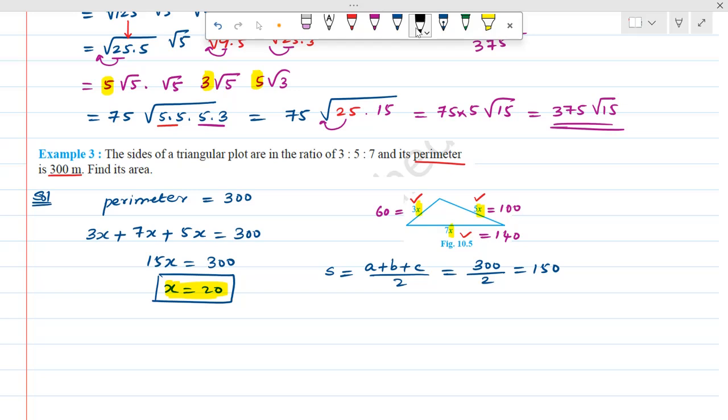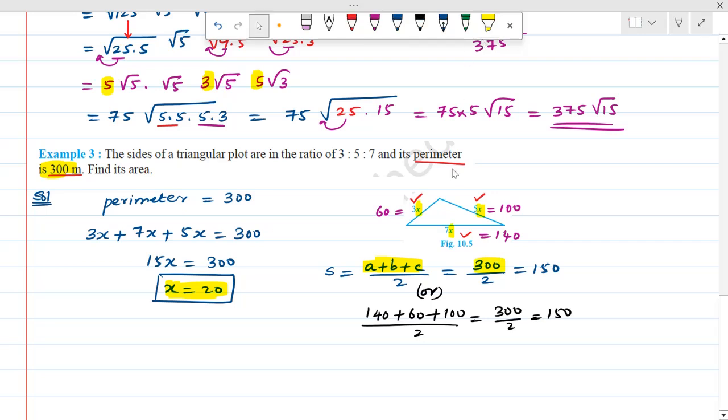Or if you want to do it by adding a plus b plus c, 140 plus 60 plus 100 divided by 2, which is equal to 300 divided by 2. The answer will be 150. So here the perimeter is given in the question, so I am taking it directly. Or you can write it in the formula and substitute. It is the same thing.